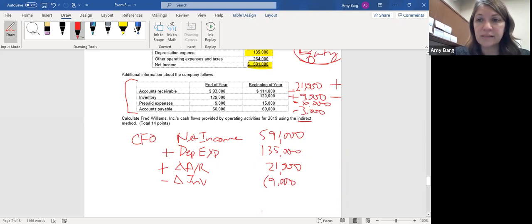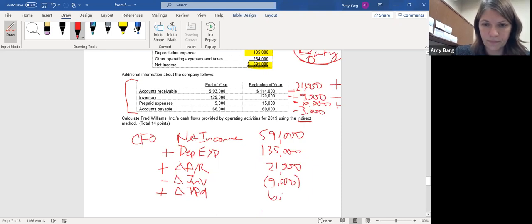Our prepaid expenses are also an asset, right? There was a decrease, so we're going to add the change in prepaids back in. And then our accounts payable is a current liability. It decreased, so we are going to subtract that.